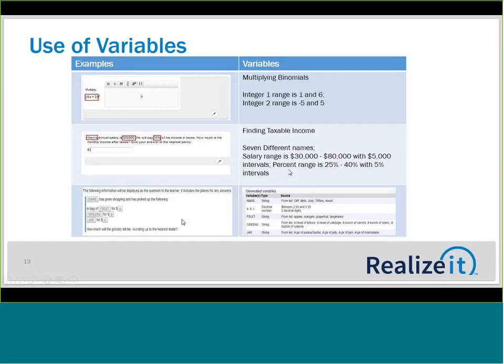The bottom one here is a heavy-duty string variable, and this is actually more from a business math class. But what I wanted to tell you about string variables is I'm not sure people always remember to use them. If we use string variables in an English class, for instance, we have a thesis statement unit and a module, and we change the string variables and change the words around.